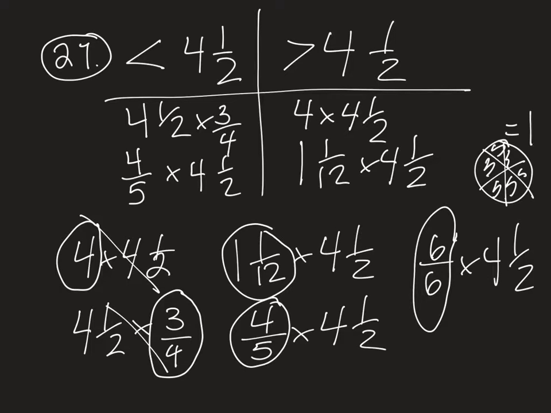That equals 1. So if I put 1 times 4 and 1/2, that's going to give me 4.5. So if I were having to put this on either side, this one would go on neither the less than or the greater than sign. If you had this question, there's a few problems on page 363 that are like this, where it's equal to. This will give you a good example of that problem.